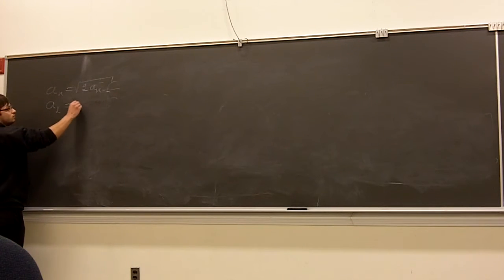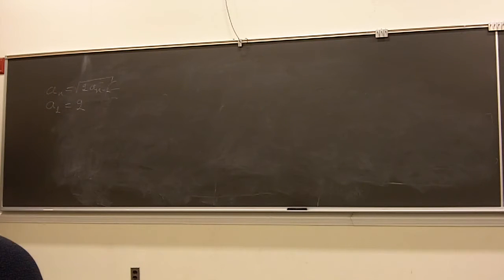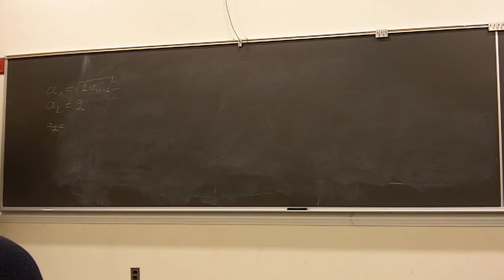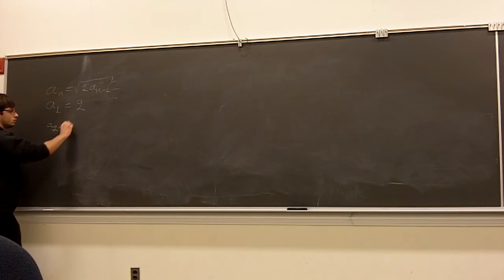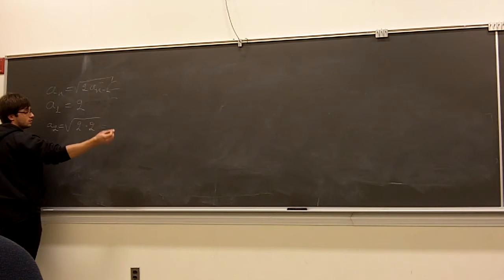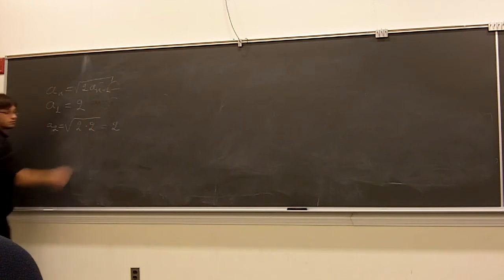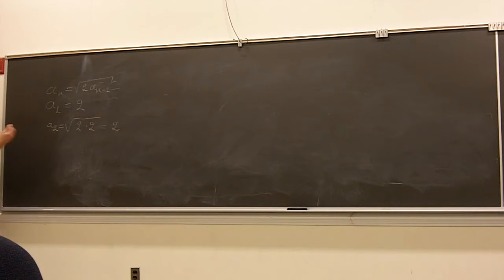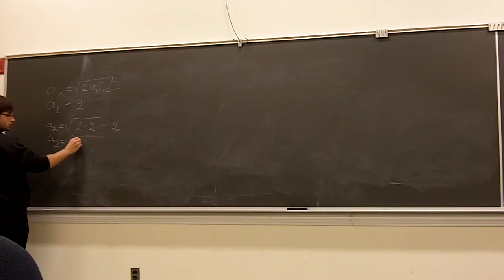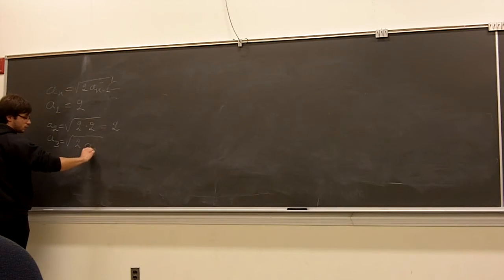If I give you this to be the initial value, what's the next value? Square root of 2 times 2, which is 2. Right? Next one. This one is 2, and there you have 2.